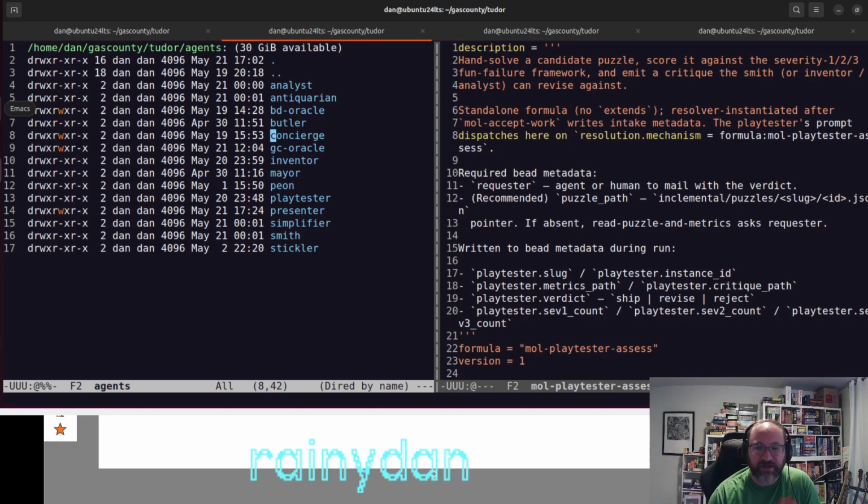So, as a reminder, we are making puzzles. We've created a bunch of different agents that are puzzle makers, you could say, and take parts in a certain puzzle making workflow. And we have some associated formulas that go with them that have been namespaced to a particular agent that's supposed to do them.